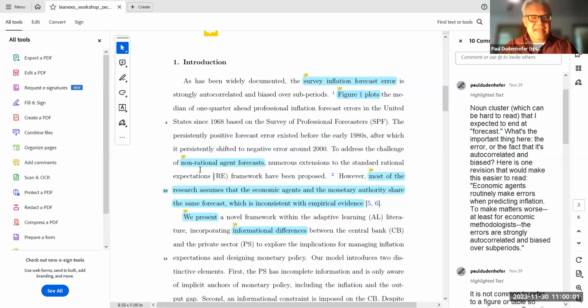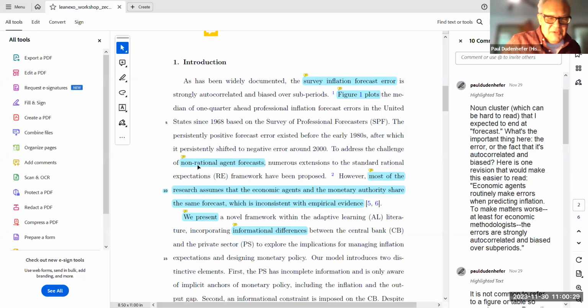Now, here's another thing that gave me trouble. This character, this non-rational agent forecasts, seemed to come out of the blue to me. Up until this point, the word non-rational had not been used.